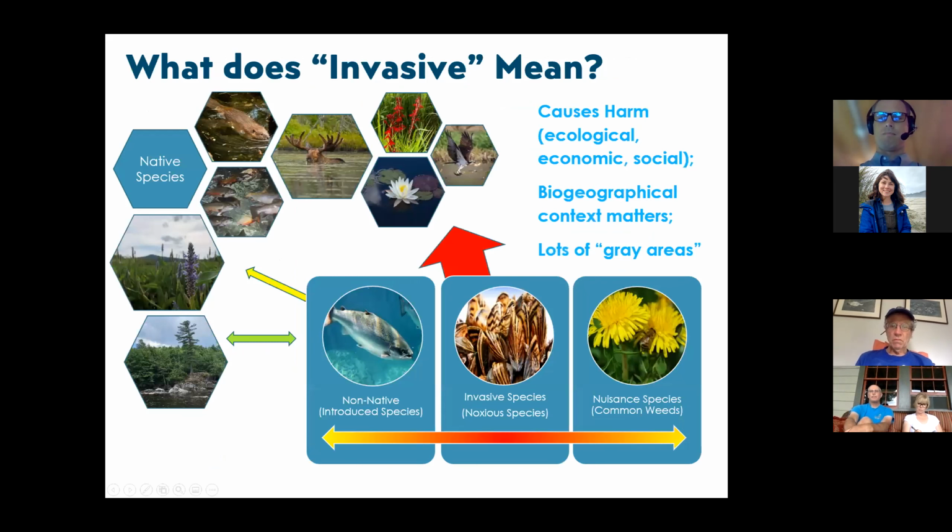So just to clarify some terms, there's a lot of different terminology out there to talk about invasive plants and invasive animals, and I just want to get us all on the same page before we move forward. When I talk about the word invasive, there's very specific criteria that goes into it. Not every plant or animal that hasn't evolved in a geography and moves, or is introduced, or is planted, or is growing is necessarily invasive.